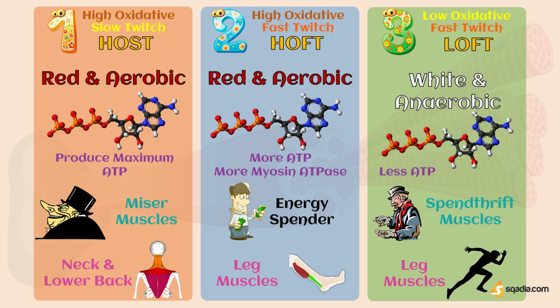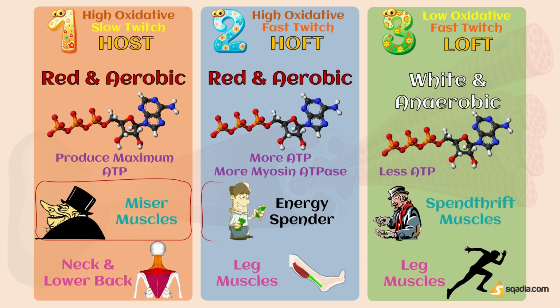So, that was all about the three main types of skeletal muscle fibers and how they produce and break down ATP. We have host, high oxidative, slow twitch, which are the miser ones.